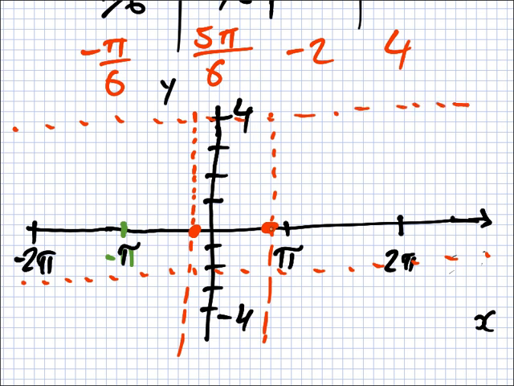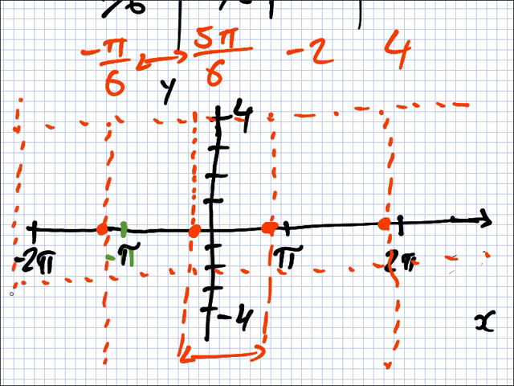So if that's 5 pi over 6, and I have to move pi units to the right, because the difference here is pi. This is a length of pi from here to here. So the next point will be here. And then likewise, the next one would be here. And the next one would be a little bit outside. And then the next one, no, we don't need.